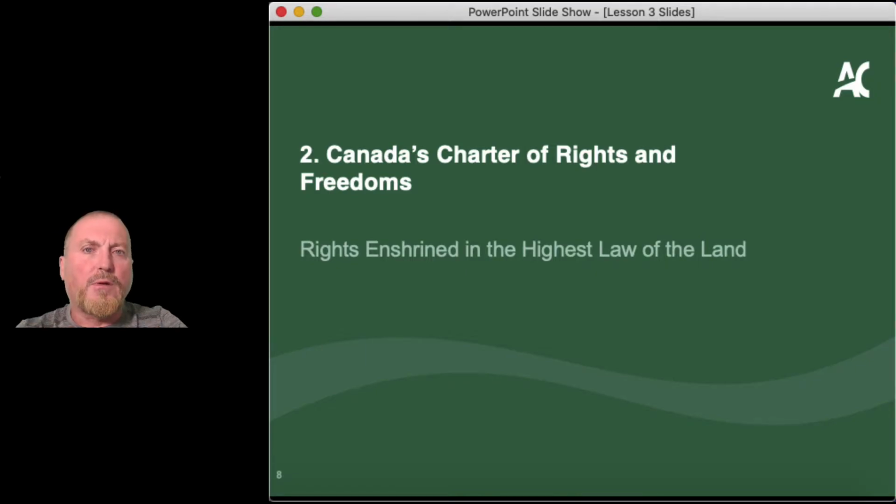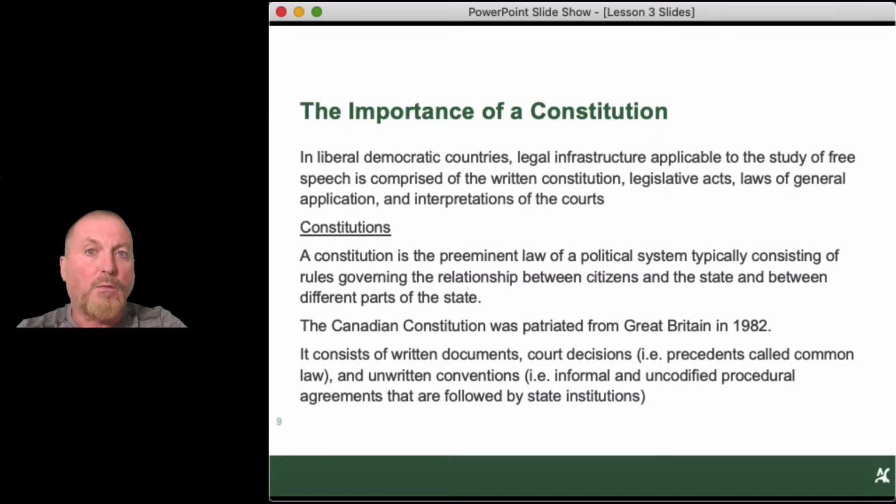Then Canadian human rights laws were adopted at both levels of government, federal and provincial, that also included these protections of human rights and free speech. But then came along the patriation of Canada's Constitution and the preeminent role of Canada's Charter of Rights and Freedoms in protecting these rights, which superseded the Human Rights Acts, for the most part, for purposes of our course.